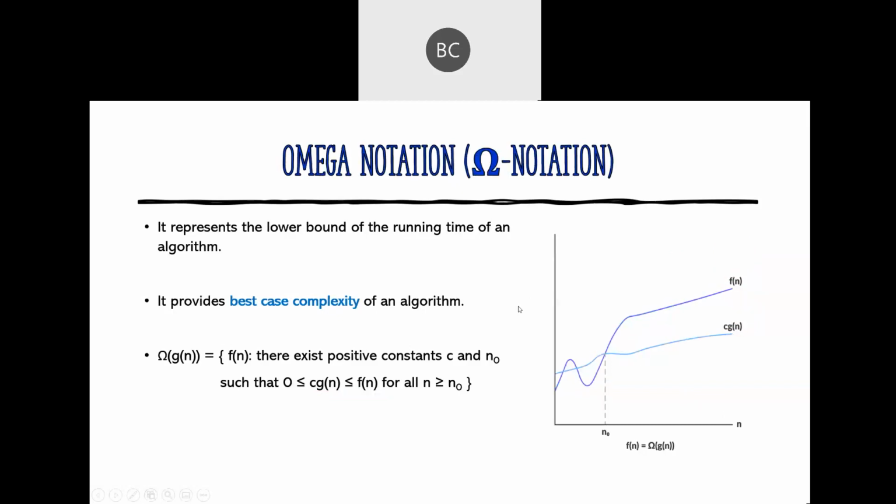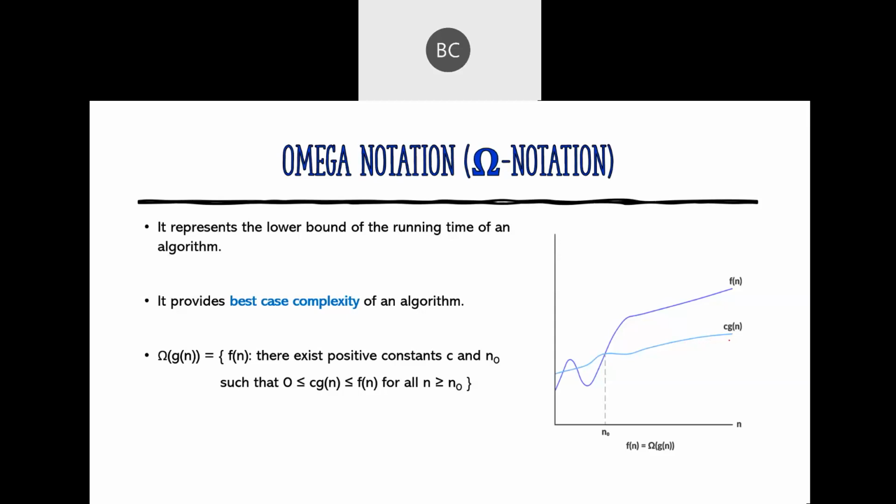The same goes for omega, which gives the lower bound. I'm saying in the best case, you should finish your program within 2 seconds. So 2 seconds is the minimum time limit. Your function can take more than that, it's fine. It just gives the best, meaning the fastest it can execute is within 2 seconds.